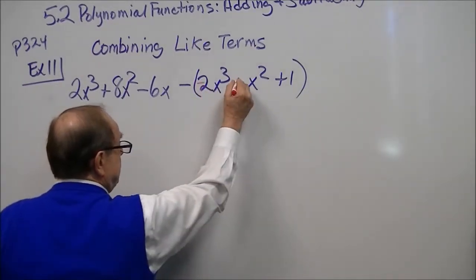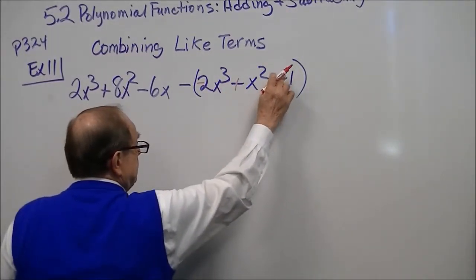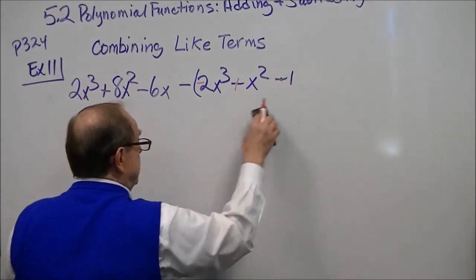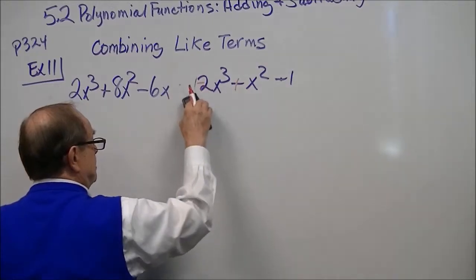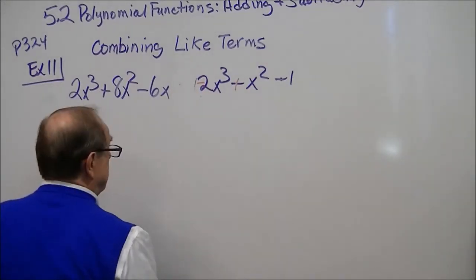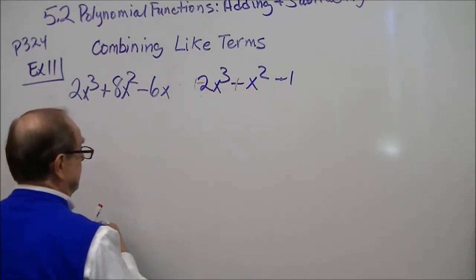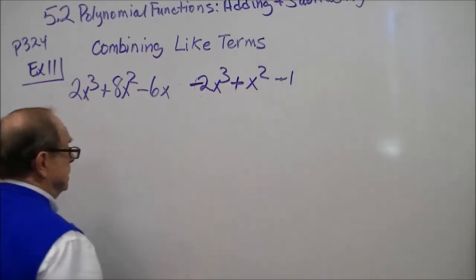This was a negative, it will now become a positive. This was a positive, now it'll become a negative. And now we can take away our parentheses. I'm going to make this a nice dark negative here. And this is a nice plus.